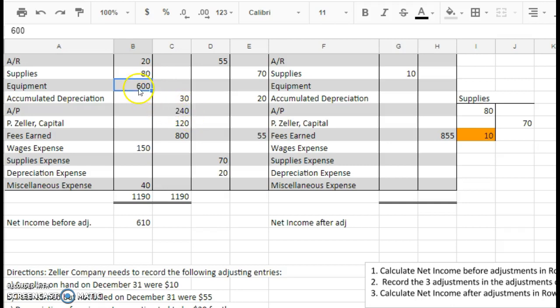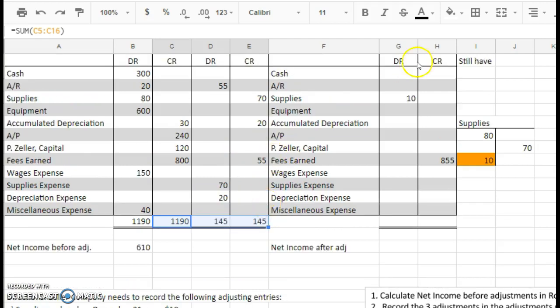That's why we don't credit the equipment account. Okay, so now what I'm going to do is make sure that my debits equal my credits for my adjusting entries, and they do. So hopefully I did this right.